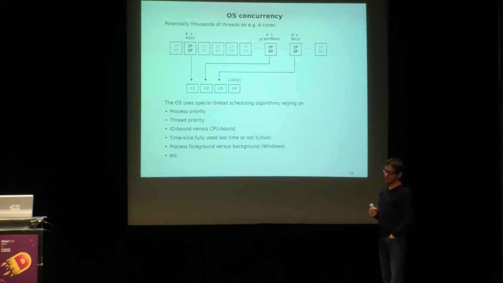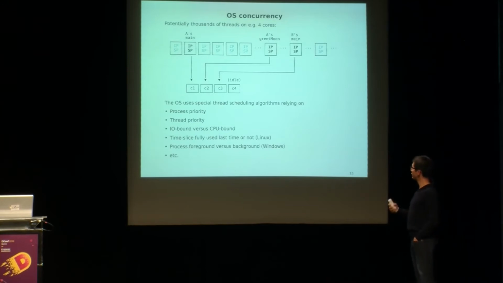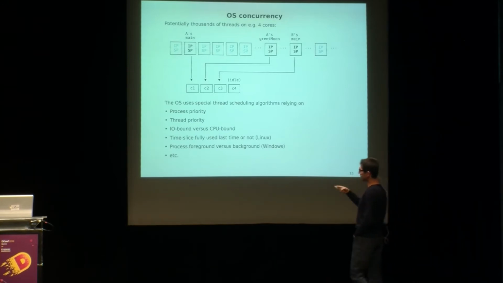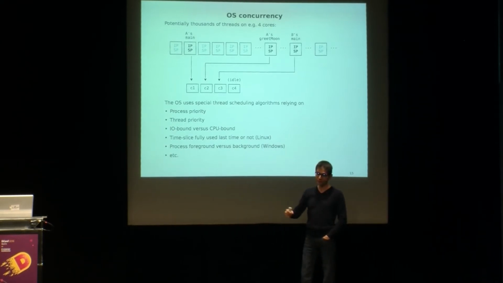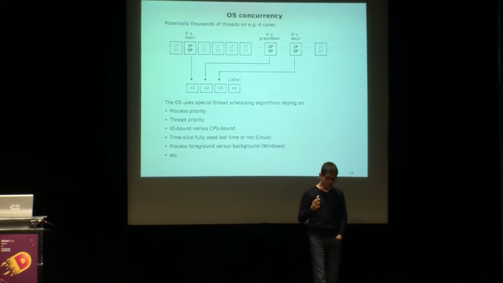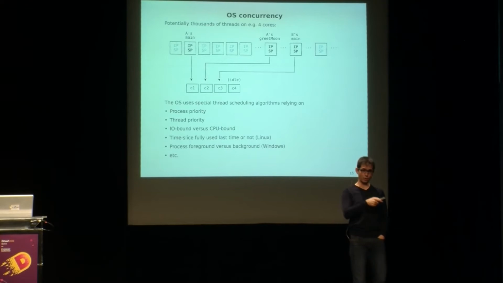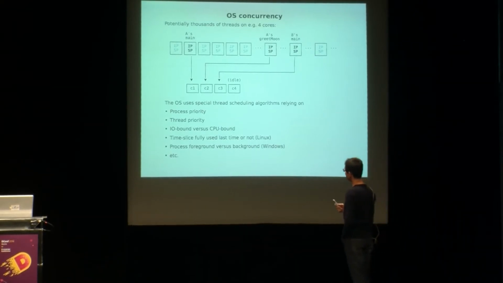So thread scheduling, which means picking which thread to run next, is a very, very complicated algorithm. It relies on what the operating system defines as the process priority, or thread priority of that process, or whether the operating system thinks it's an I/O-bound thread or a CPU-bound thread.